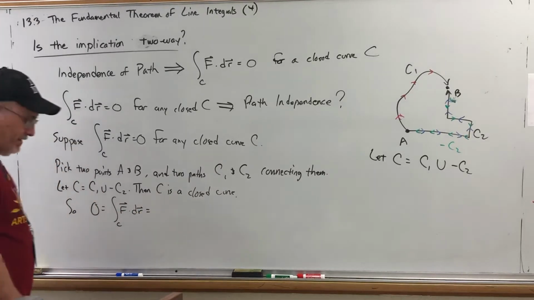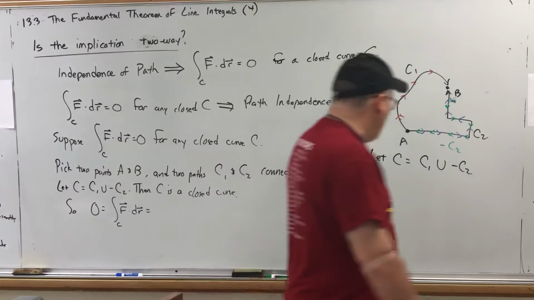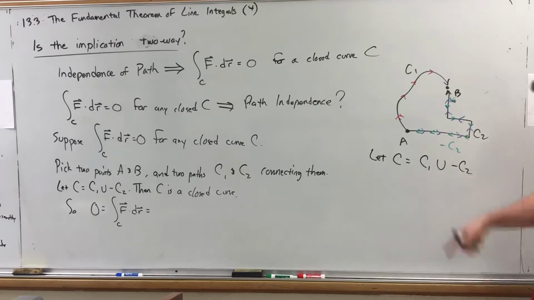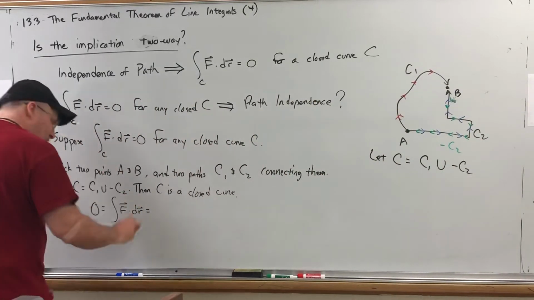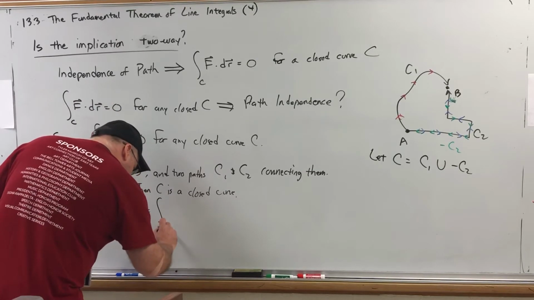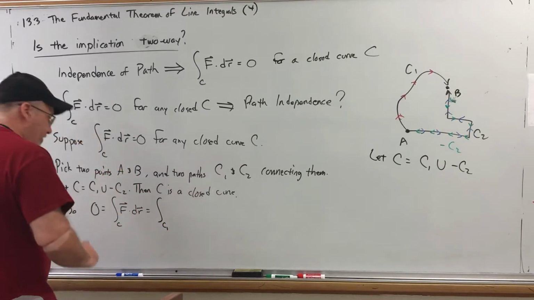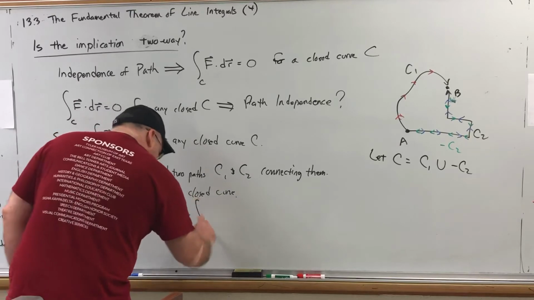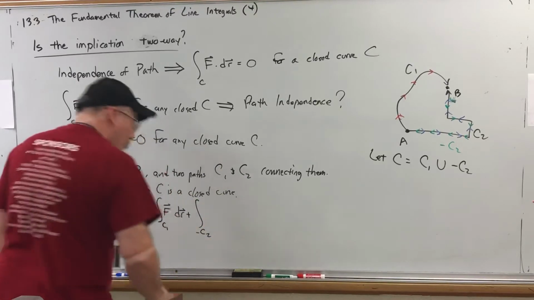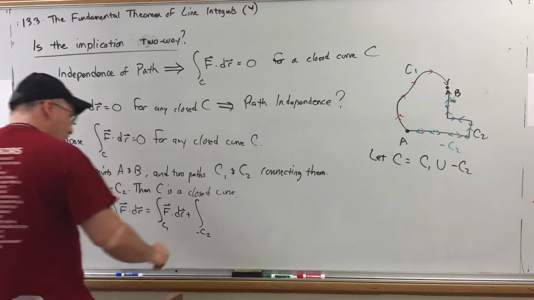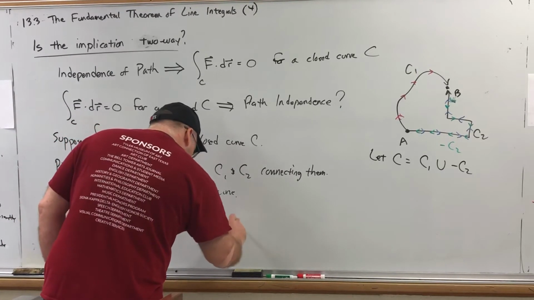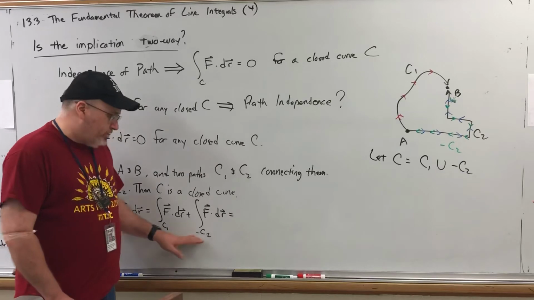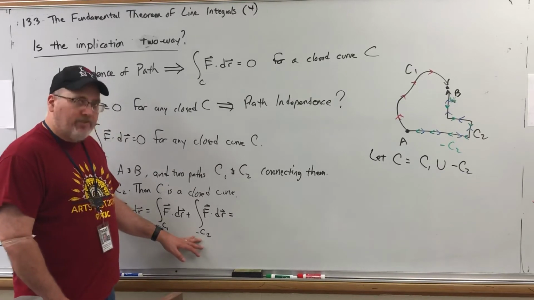But we know that the line integral over a path can be written as the sum of the line integrals over the individual paths whose union makes the original path. So in other words, this line integral is equal to the integral over the path C1 of F dot dr, plus the integral over the path negative C2, remember we had to change its orientation to make it a closed path, of F dot dr. But as in the previous video, we know that when we change the orientation of a path, we change the sign of its line integral.